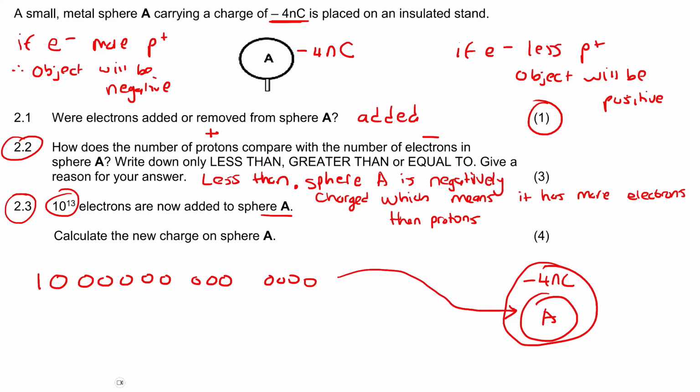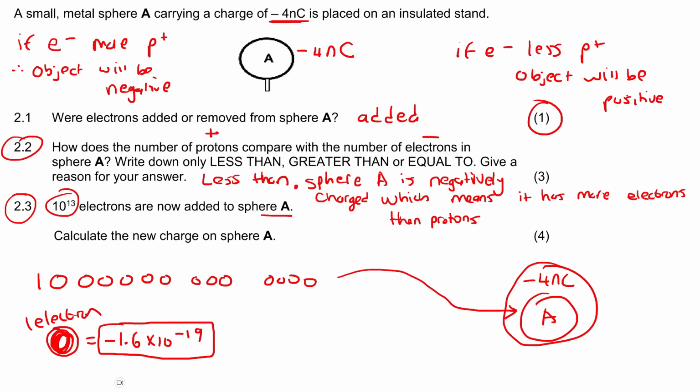Now, on our formula sheets, they tell us that one electron has a charge of negative, because we know electrons are negative, 1.6 times 10 to the negative 19. This is the charge of one electron. Now imagine you have this many of those.